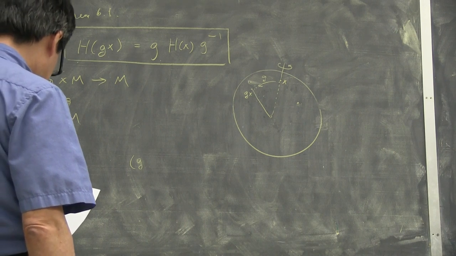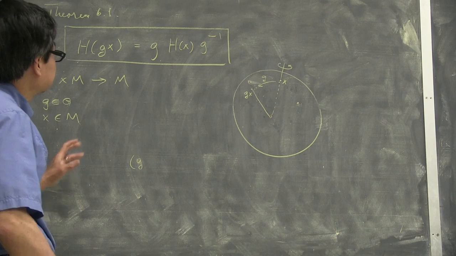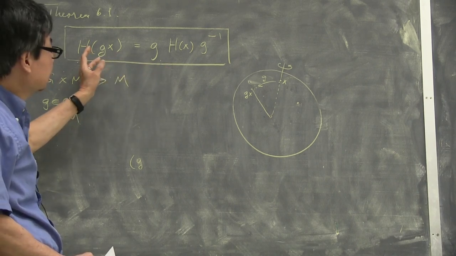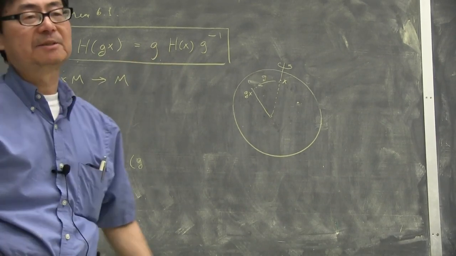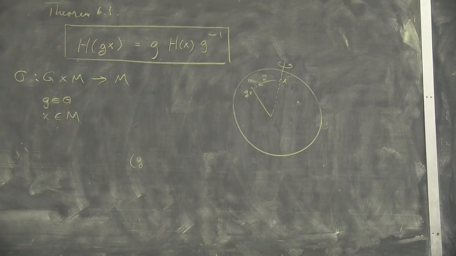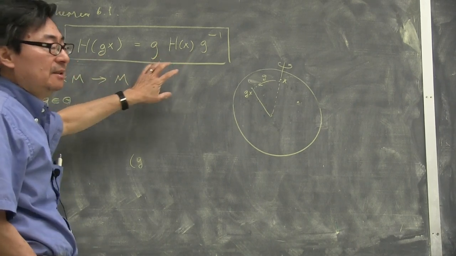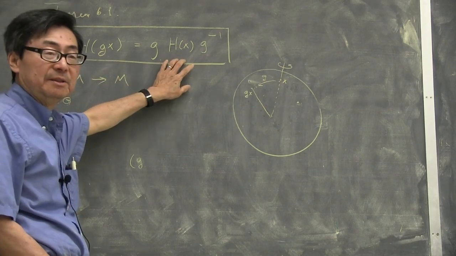And the proof is, in typical mathematical fashion, when you try to prove two sets are equal to each other, you prove the left is a subset of the right, and then the right is also a subset of the left. When you want to prove that this thing is a subset of this thing, you take anything in here, and you prove that thing is also in here.